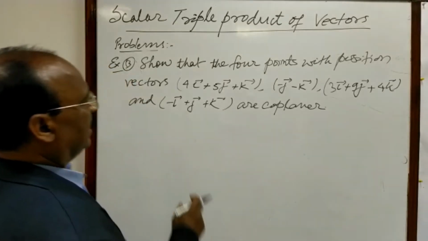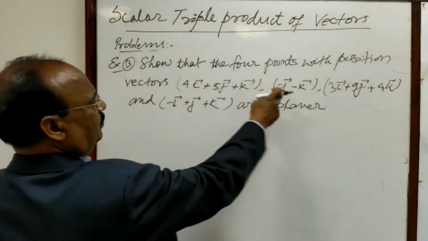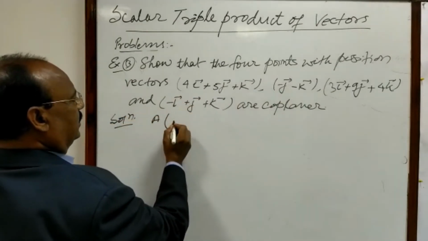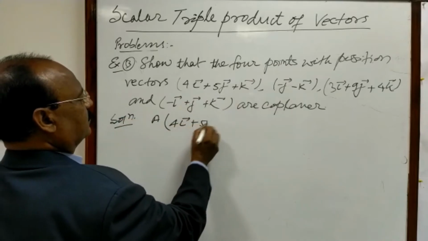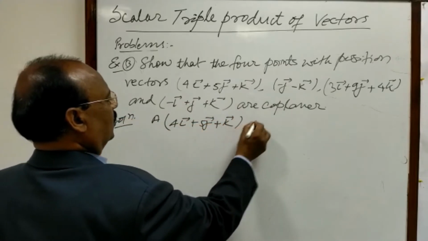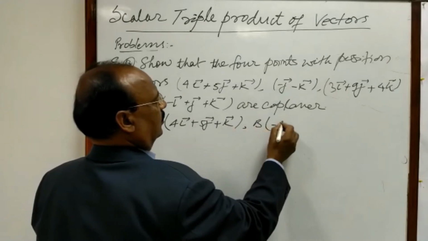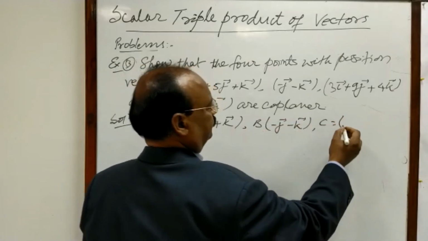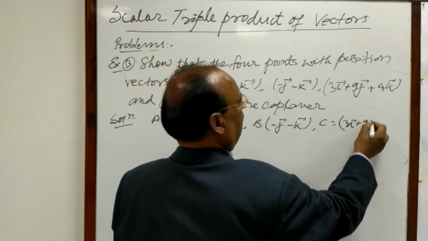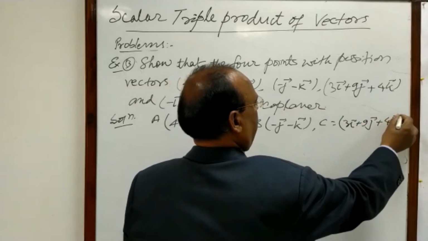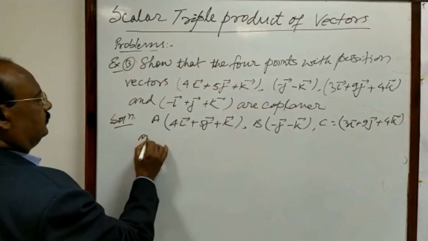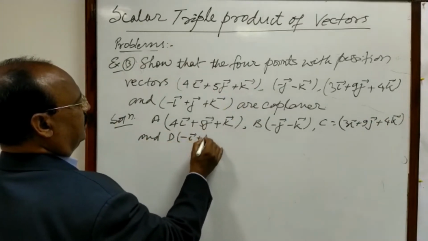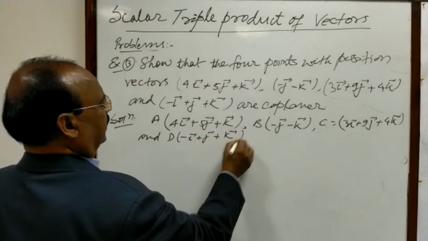So suppose that these are points A, B, C and D. Suppose point A is 4i plus 5j plus k, point B is minus j minus k, point C is 3i plus 9j plus 4k and point D is minus i plus j plus k.